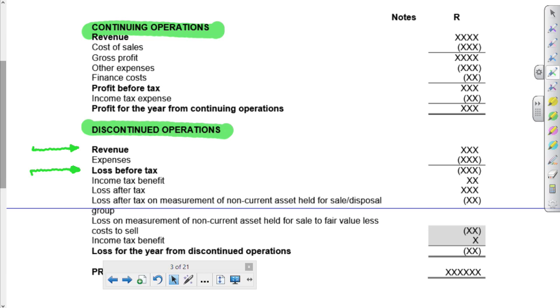loss on remeasurement. This loss on remeasurement of non-current assets held for sale is the stuff we did last week, is that impairment that we had last week when we remeasured the non-current asset or the disposal group.